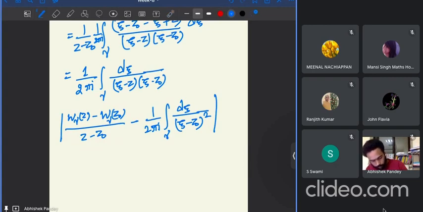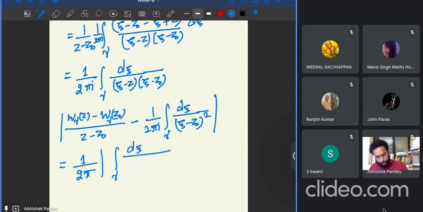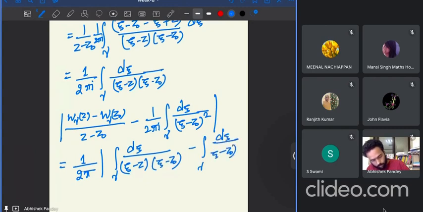So this is nothing but, I will take 1 upon 2 pi i common, and this will be the integral over gamma of d xi upon xi minus z into xi minus z naught, minus the integral over gamma of d xi upon xi minus z naught square.